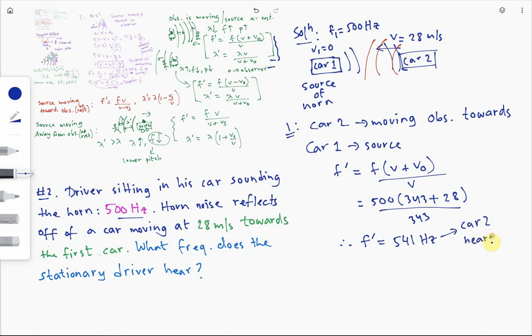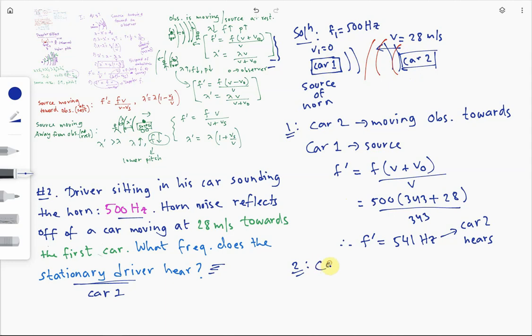But our goal is to find what the driver of the first car hears. Now what do we do with this information? Well, in the second scenario, the waves get reflected off car 2. So the origination of the waves that the stationary driver actually hears comes from car 2.